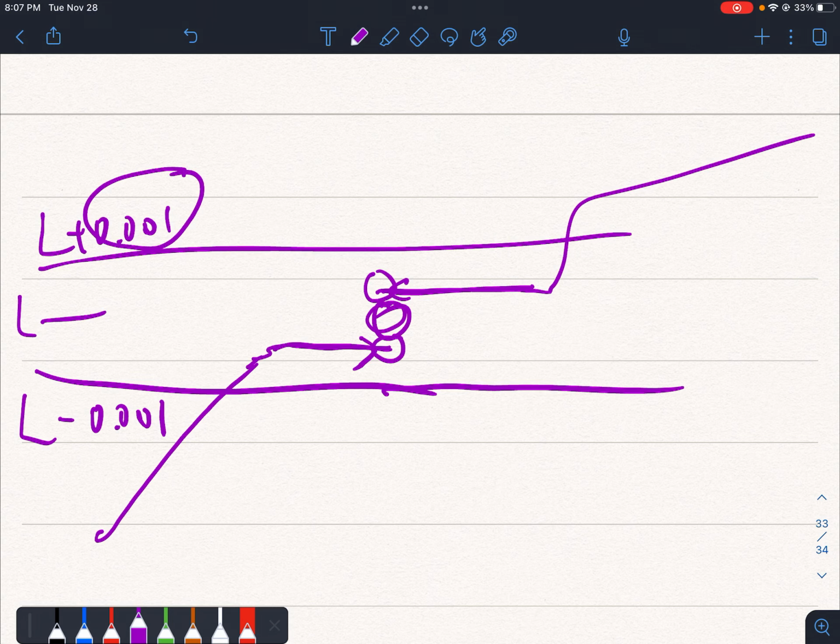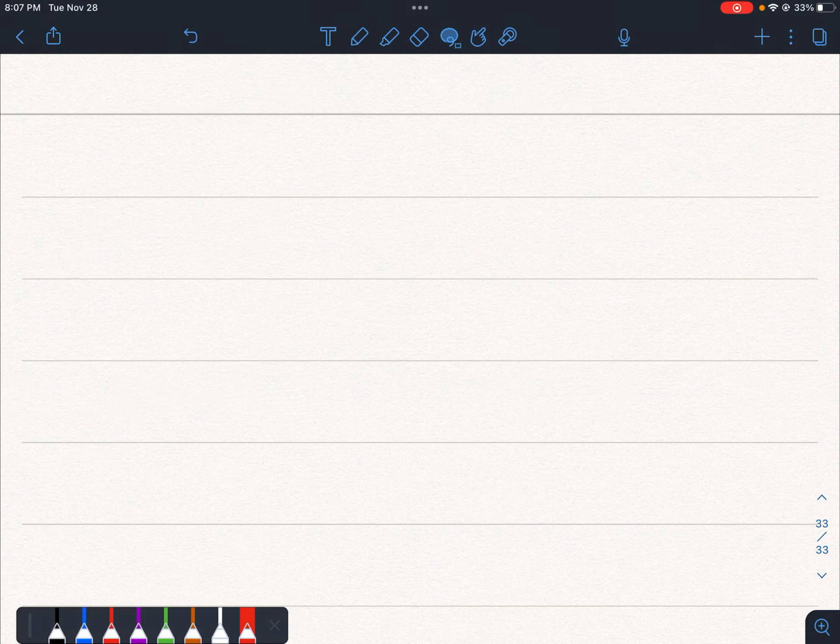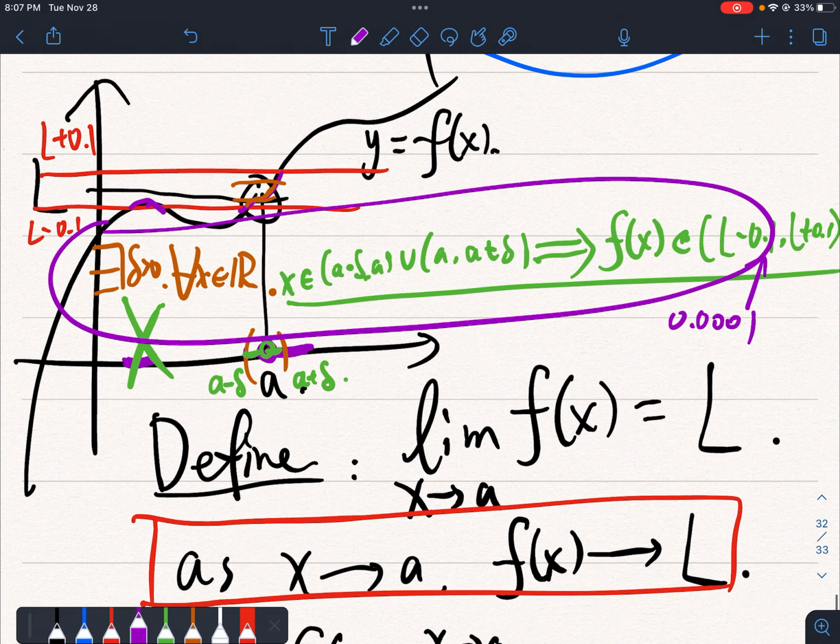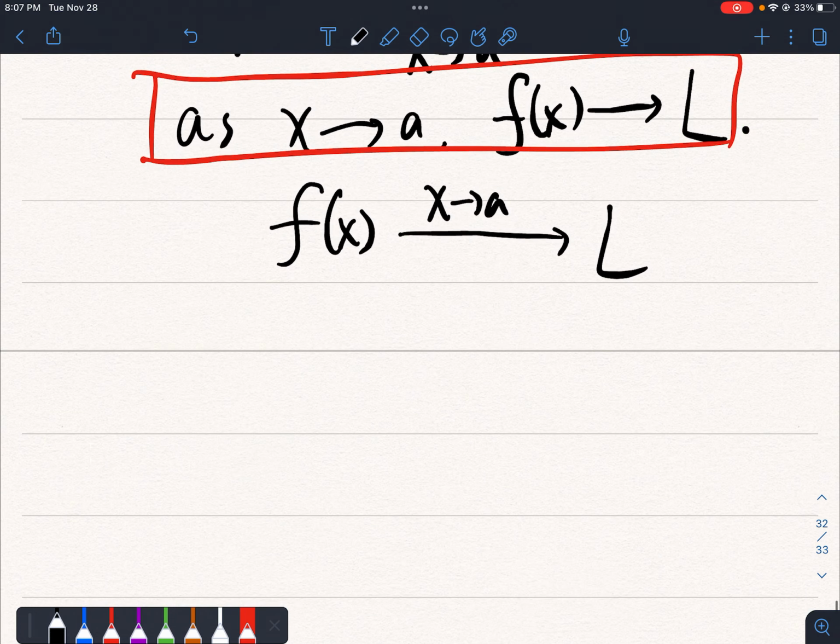So this is not convergent. So the problem is that you only proved it for 0.001, but what about smaller numbers? So this means this is not enough for 0.1 or any single number. It has to be true for all epsilon bigger than 0 that is small enough. Okay?